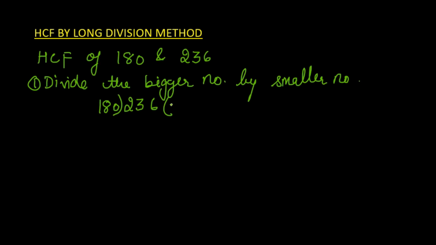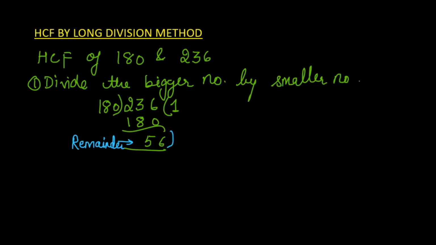So 236, it goes one time by 180, 180 ones are 180, and the remainder that is left to us is 56. So this is our remainder. Okay, now what is our next step? The next step is that we will be using this remainder as the divisor.